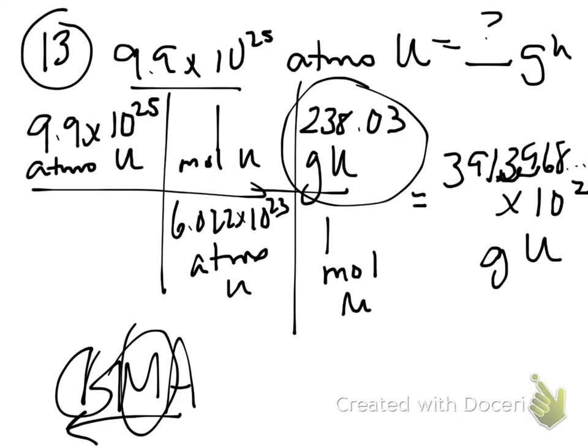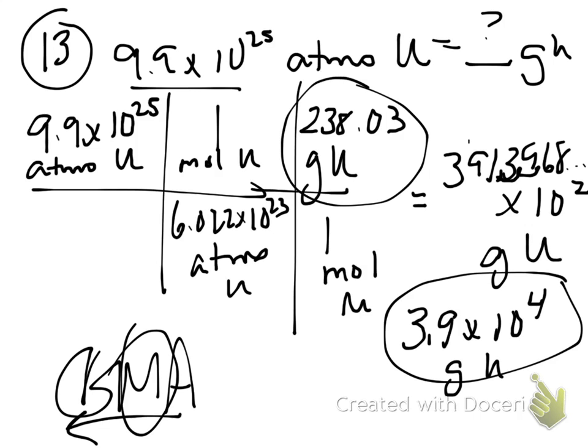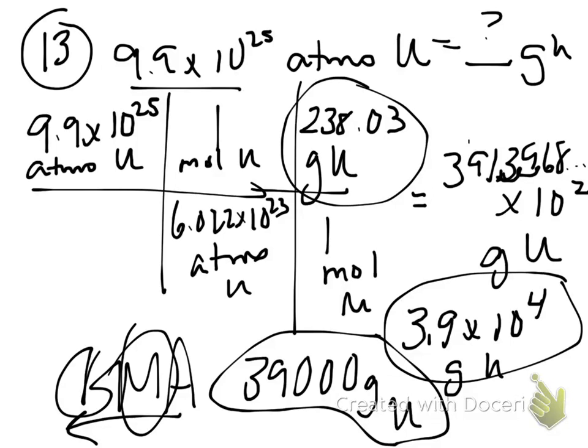We can write this as 3.9 times 10 to the fourth grams of uranium. It's also perfectly acceptable to write it out in full. So either of these is acceptable with our raw number.